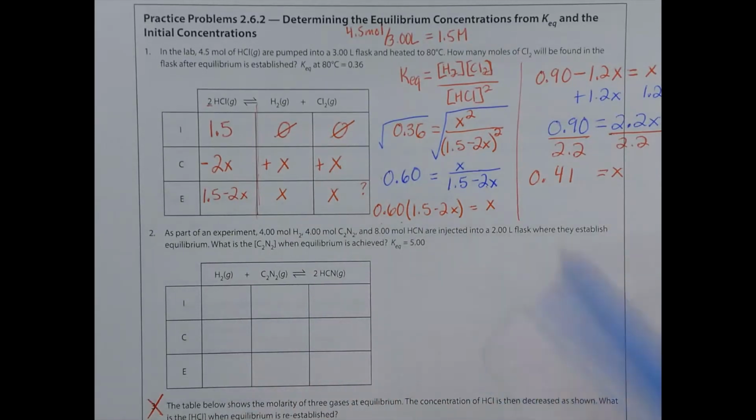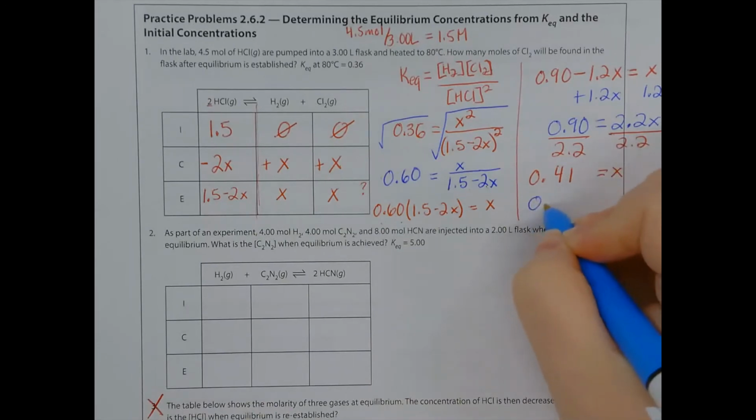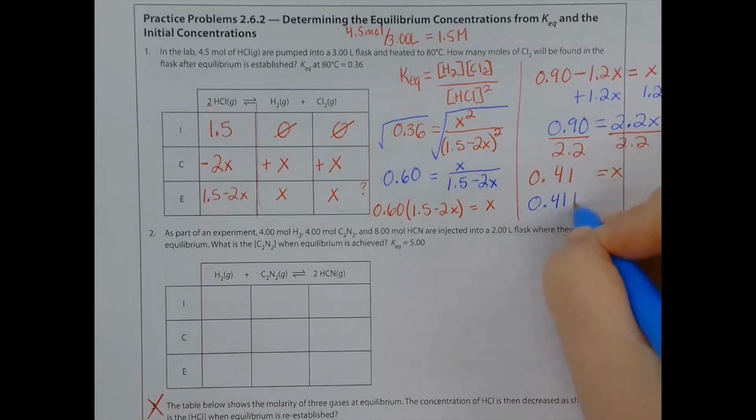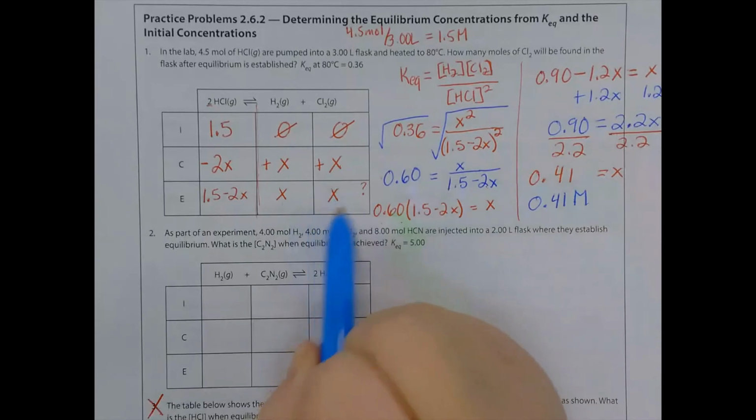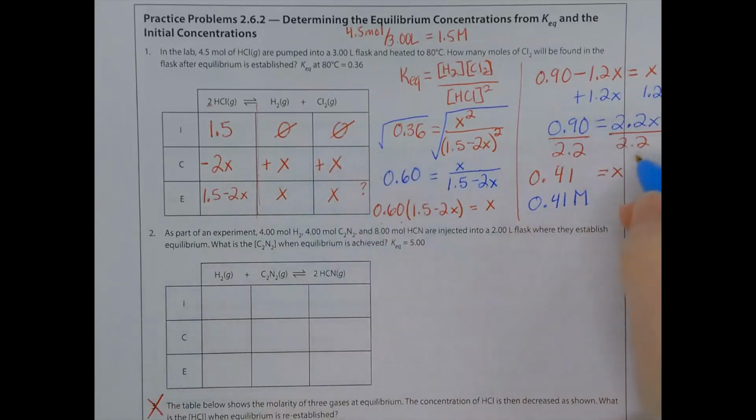Now again, we want to make sure we're answering the question. The question asks how many moles of Cl2 will be found in the flask after equilibrium is established. So we are going to have 0.41 molar, because that's our x value, our molarity of chlorine, Cl2, but we want moles.